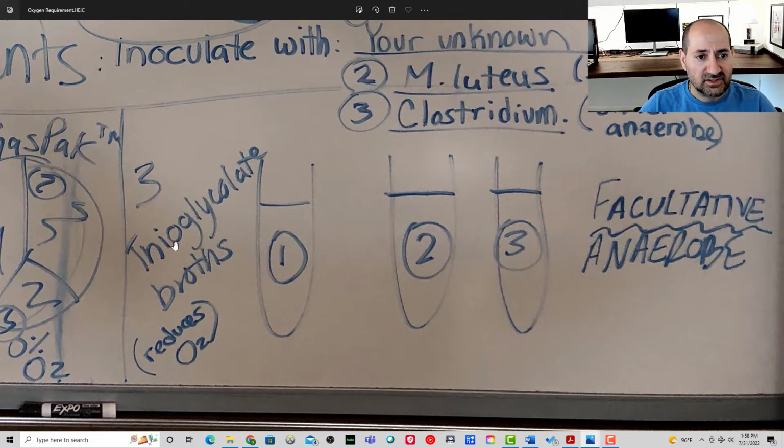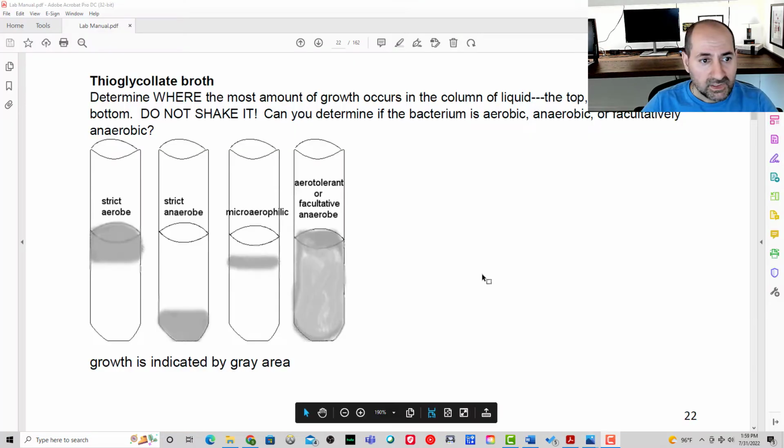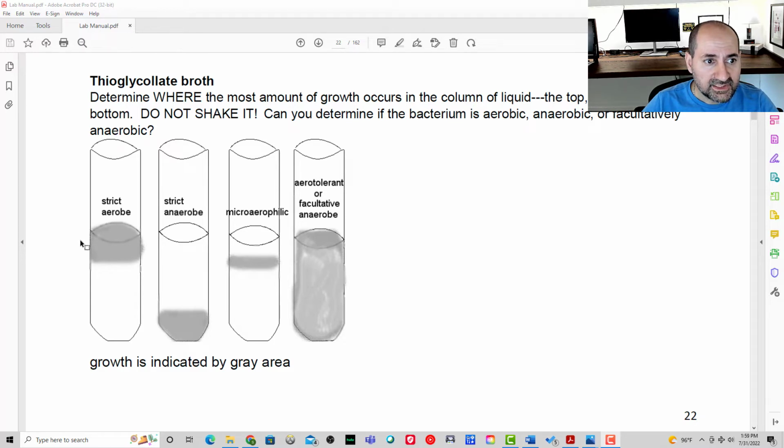The other test we did for oxygen was called the thioglycolate broth test. Remember that thioglycolate is a reducing agent that removes the oxygen from the broth, and then we were able to look for where the bacteria grows in the broth to determine its oxygen requirement. As you can see here, if there's growth at the top, this indicates that the bacteria is a strict aerobe.